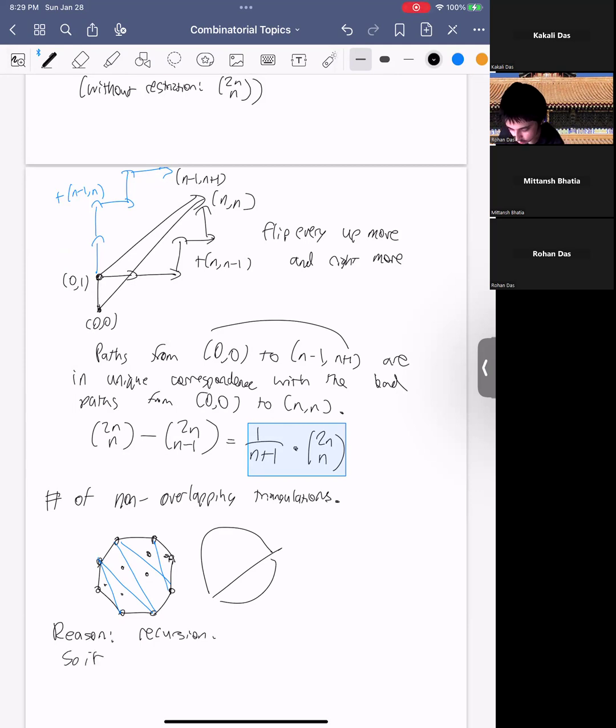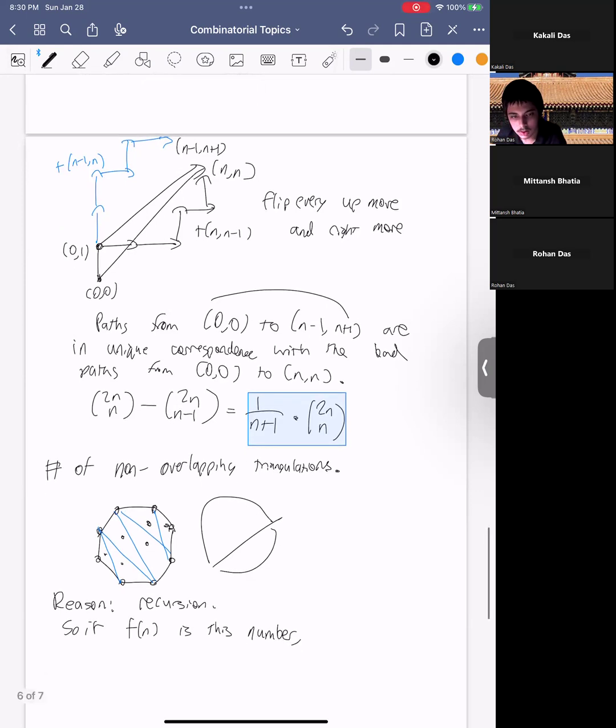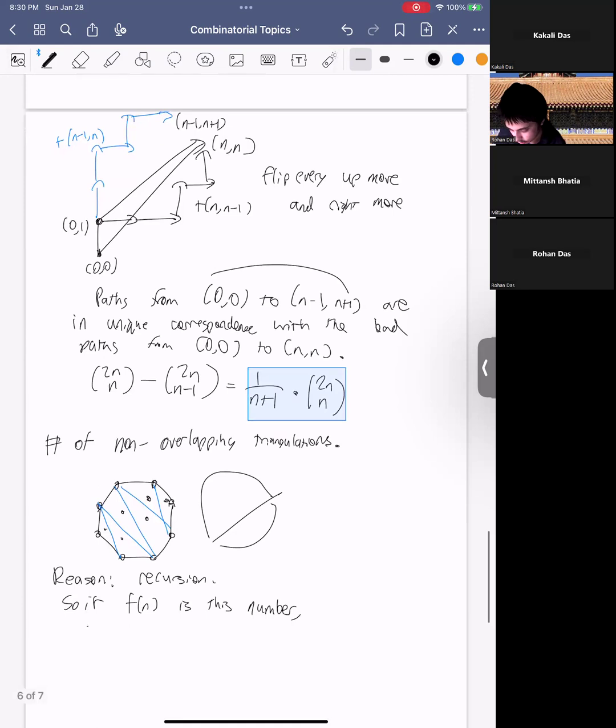So if f of n is this number, the recursive relation you will recover is that f of n is f of 0 times f of n minus 1 plus f of 1 times f of n minus 2, etc. And it goes all the way up until f of n minus 1 times f of 0.